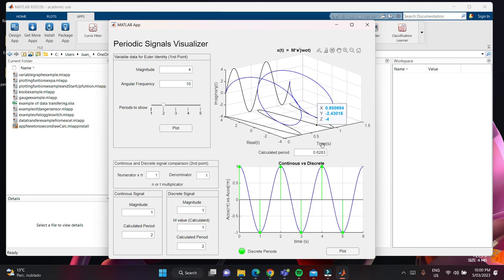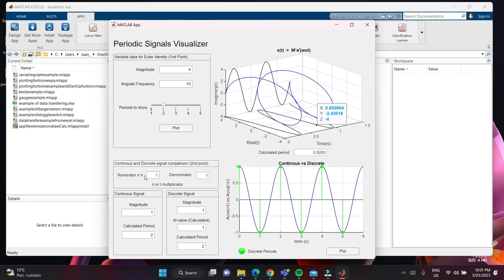And well, the other properties. We have the calculated period here too. The function is just like this one. It's not multiplied by pi, so this is probably why we don't get a more precise thing, but pretty much plays with the angle. And we have a comparison between continuous and discrete signals.